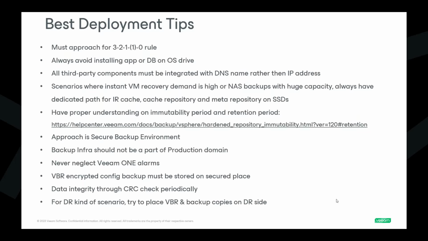In a scenario where instant VM recovery demand is high, or NAS backup with a huge capacity, always have a dedicated path for instant recovery cache memory. The cache repository and metadata repository should always be on SSDs. It's a fair enough ask, right? When we talk about instant VM recovery, what if that machine gets booted on NL-SAS?